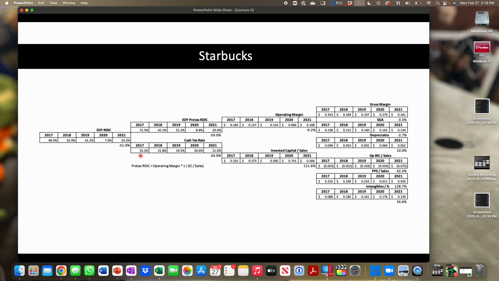Yeah. So is tax rate the reason why the ROIC fell? Clearly not. Okay. So if I'm thinking about what would be driving the ROIC, paying less in taxes should make your ROIC go higher. Right? So the first thing we would say is tax rate's not why their ROIC is falling. And by the way, taxes should be helping the ROIC of Starbucks.